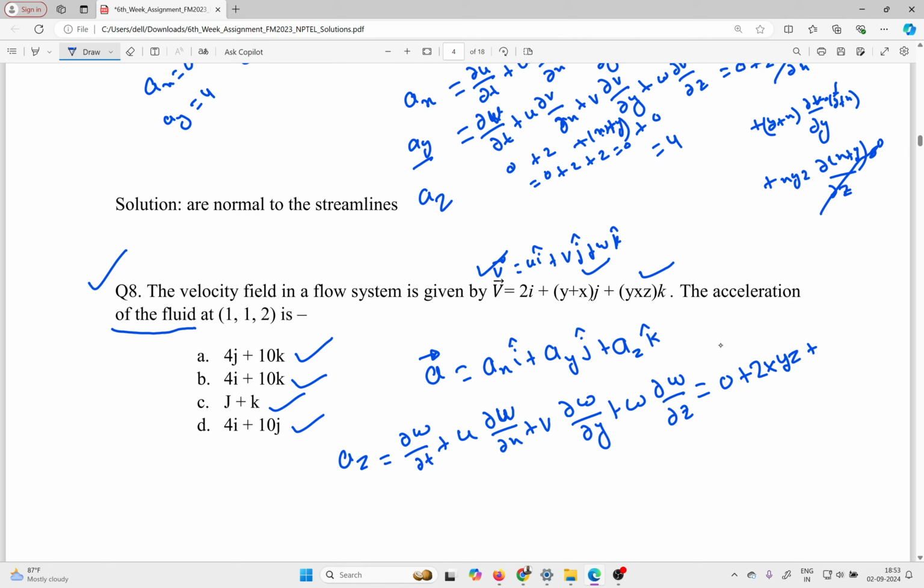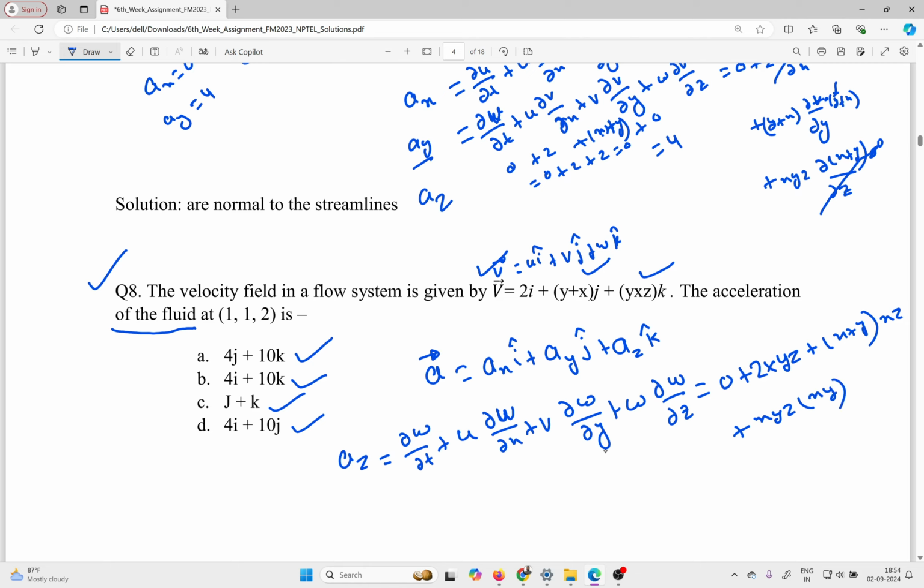Only if it is differentiation with respect to x, definitely y and z will remain. Now v is x plus y, and if you calculate your w with respect to y, again x and z will remain. Now w is xyz, when you calculate with respect to z, again x and y remain.